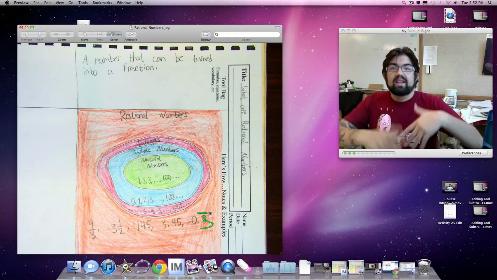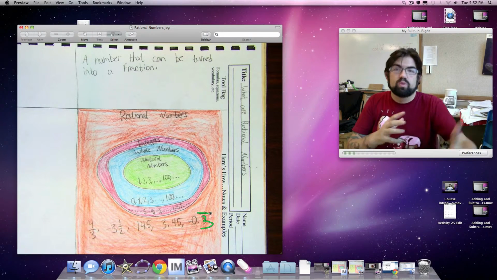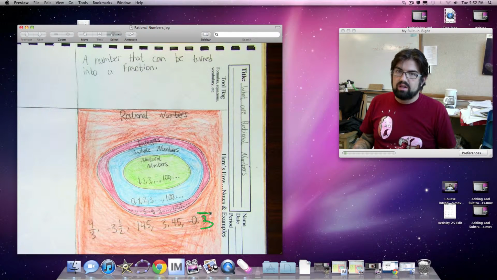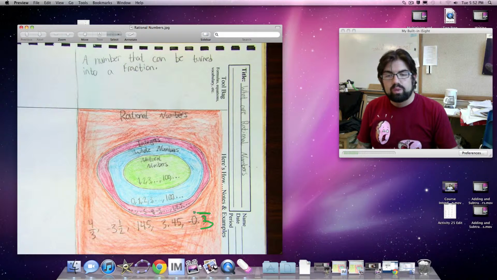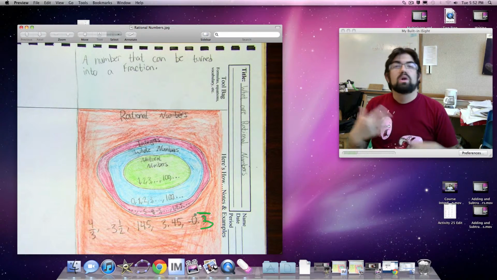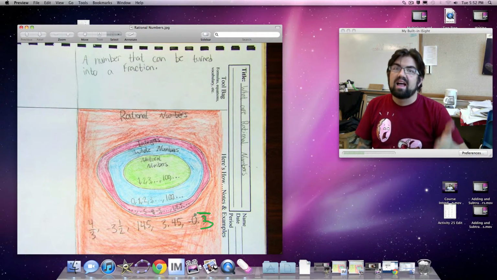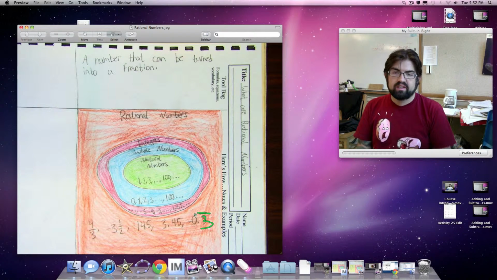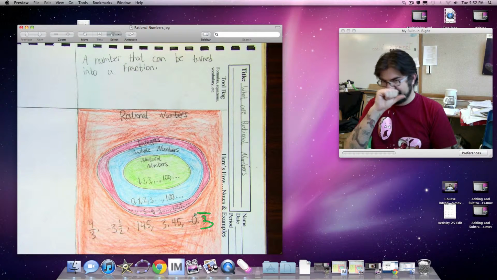That means it goes on forever, and it keeps repeating and repeating. If a decimal goes on forever, that doesn't make it a rational number. It has to repeat. When it starts to repeat, that's what makes it a rational number. It has to be able to repeat. If it doesn't repeat, it is irrational. Okay?